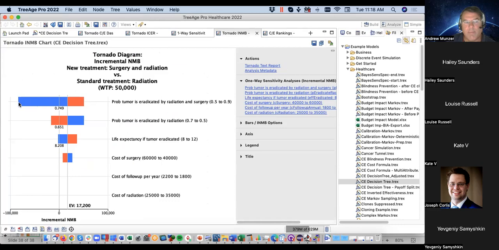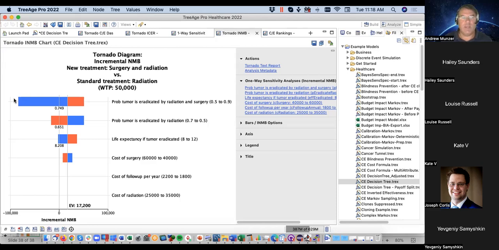As the parameter increases, the incremental net benefit is going up. So it's making the new treatment look better compared to the standard treatment as the parameter increases. That's why the tornado shows red and blue, so you can see whether the change in the parameter value is good for one strategy or good for the other.